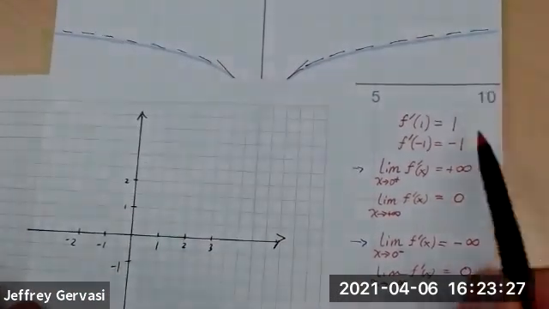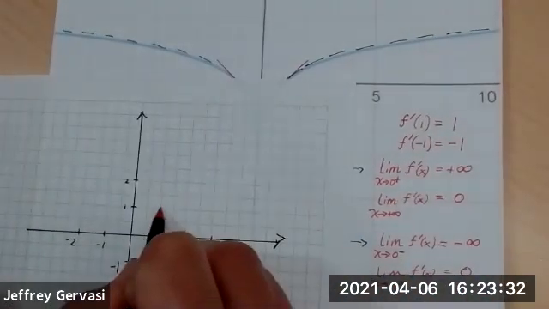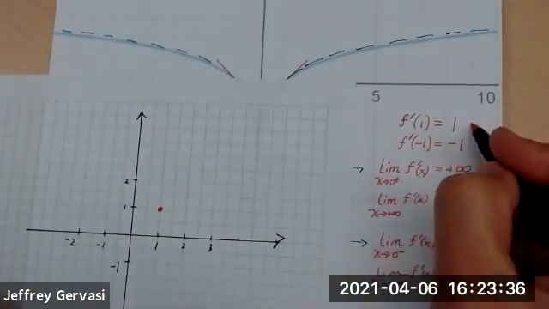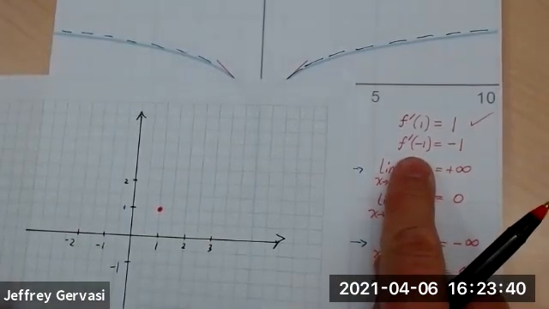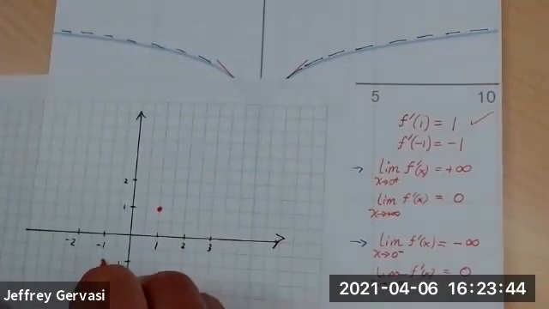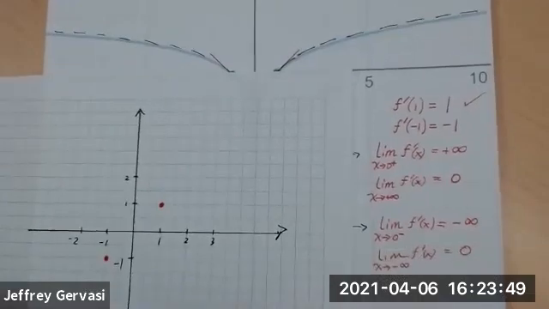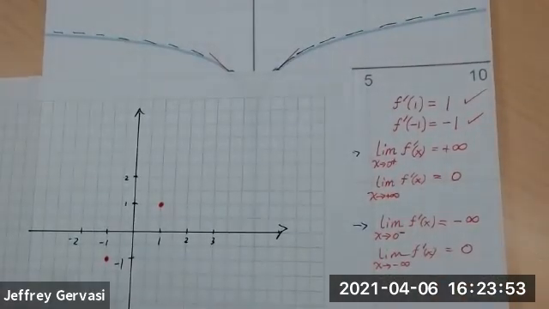Okay, now according to the first one, the value of the derivative at 1 equals 1. So that gives me a point right here. Okay, takes care of this. The next one says the value of the derivative, or the y-coordinate, at x equals -1 is also -1. So that gives me this point right here. Okay, what do you think? So far, so good? That takes care of this condition. Okay, so whatever the graph of our derivative looks like, gang, it has to go through those two dots.